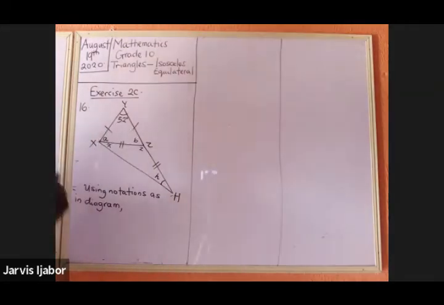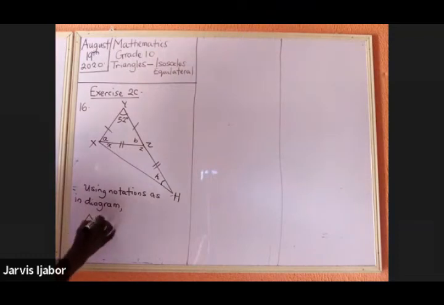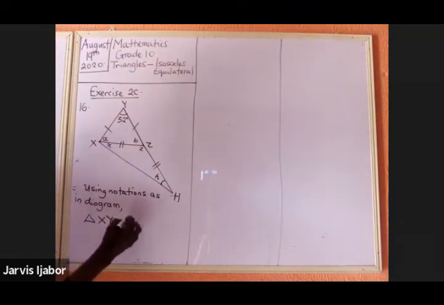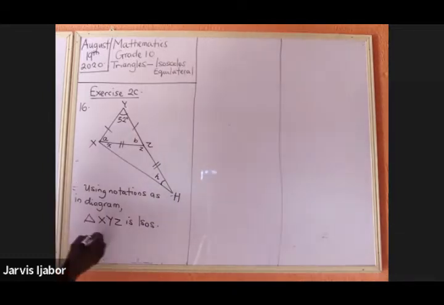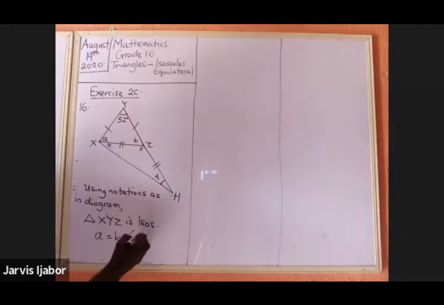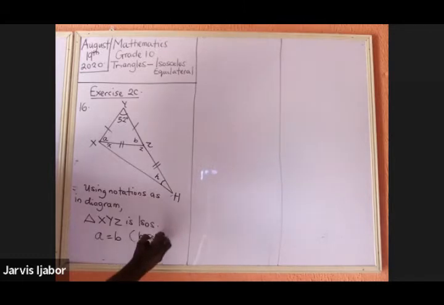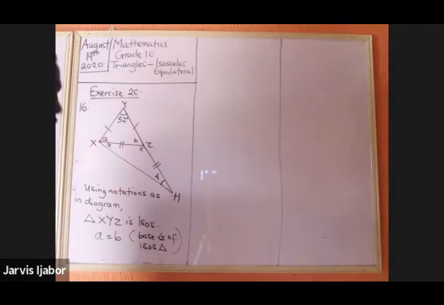So you will discover that triangle XYZ is isosceles. Because it's isosceles, a will be equal to b. Reason: base angles of isosceles triangle. So please just confirm whether what you have done was correct.